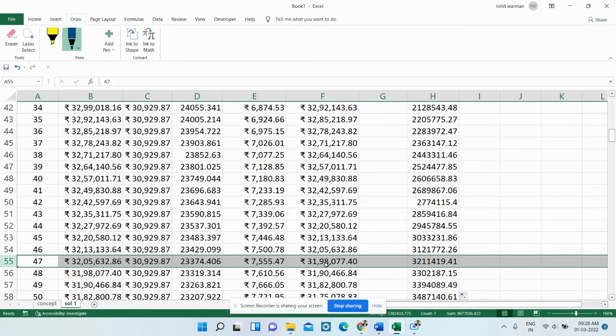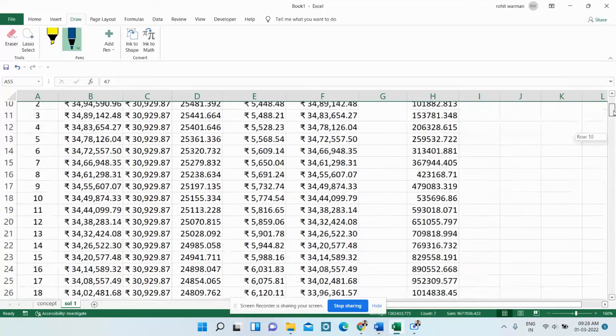So 31.98, let's say close to 32 lakhs, and the savings are 32 lakhs 11,419. Of course, when you go for closure of the loan, the bank can charge some processing fees and penalty. But it means that by the 47th month, his savings are sufficient to close the loan. Very simple, and I will say it is a good approach.